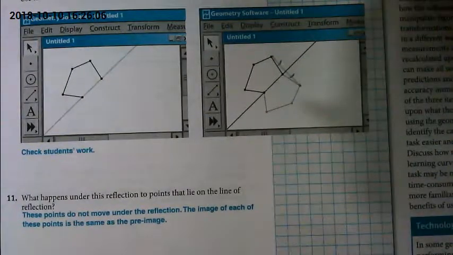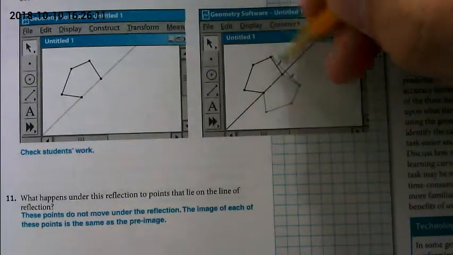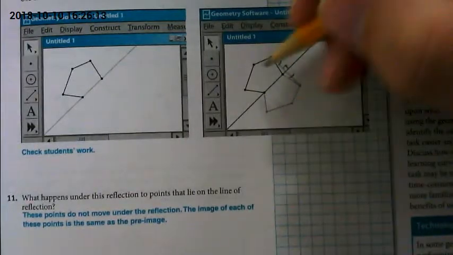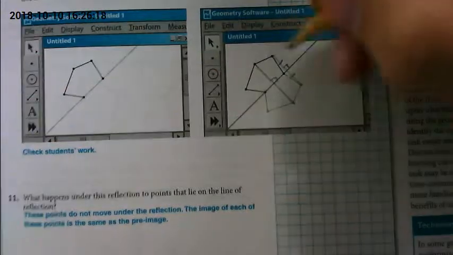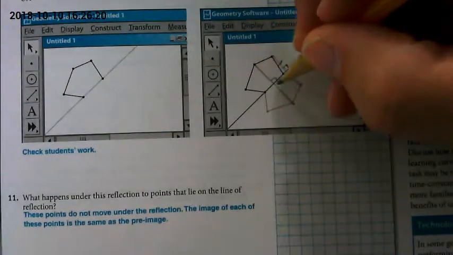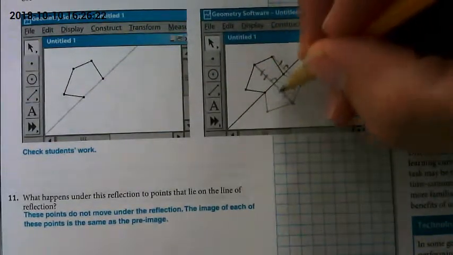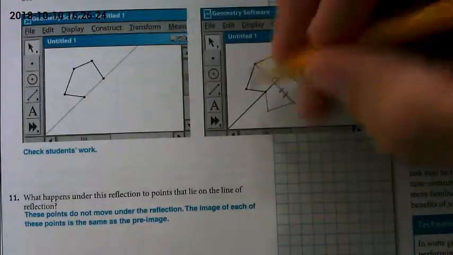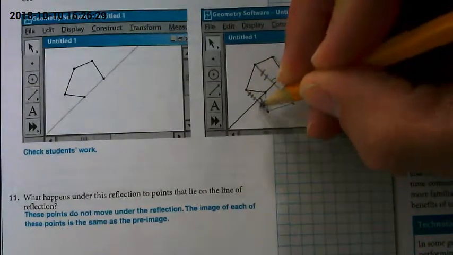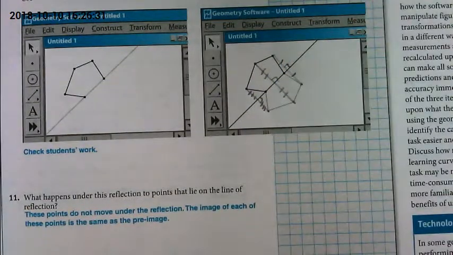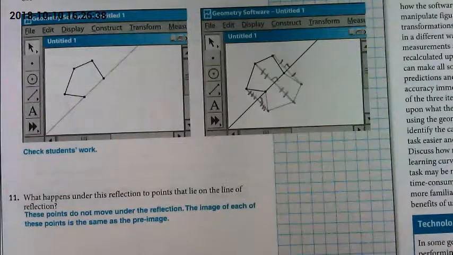The line of reflection will act as a perpendicular bisector to any segment you draw between corresponding points. So on here, the perpendicular distance from each point to the line of reflection is equal. On each one of these, the distance from the vertices to the line of reflection is equal. So it has to be the same distance away from the line of reflection.